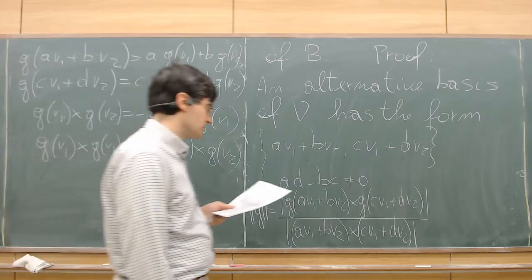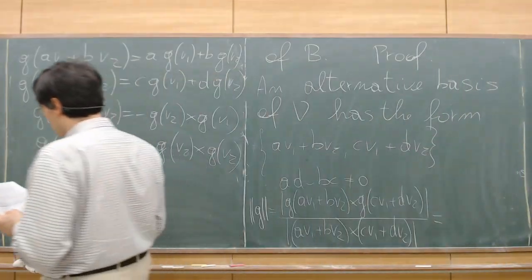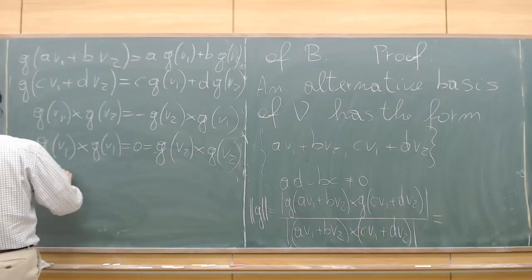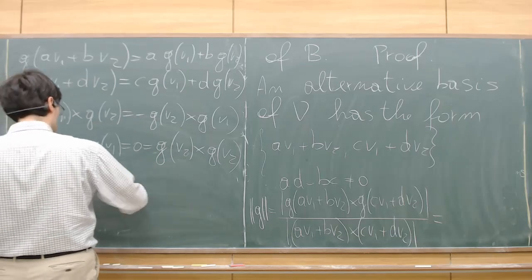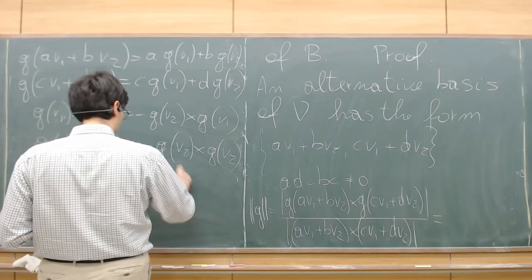You will see that the numerator becomes AD minus BC times the cross product of GV1 and GV2.